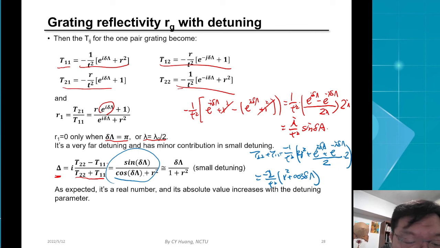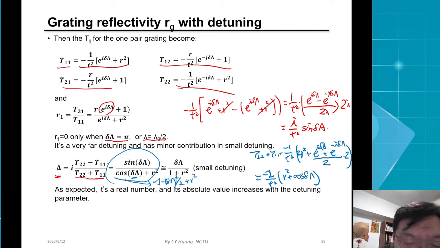When delta lambda is small, this term is close to 1 minus delta lambda squared divided by 2, if you do the Taylor expansion, plus r squared.